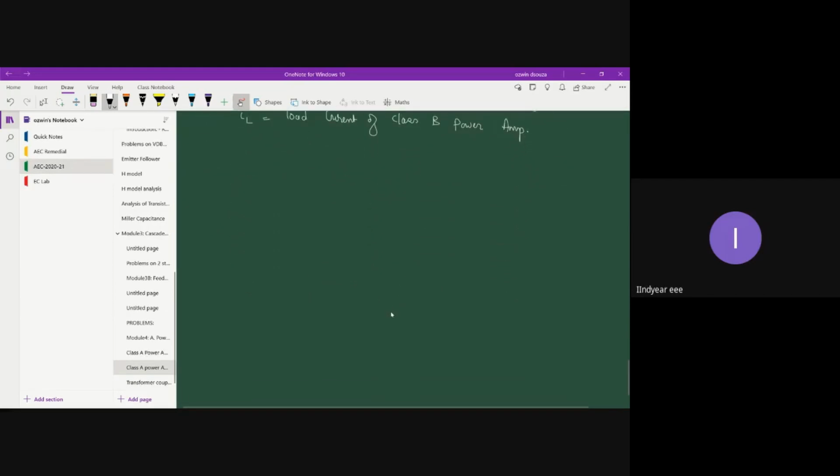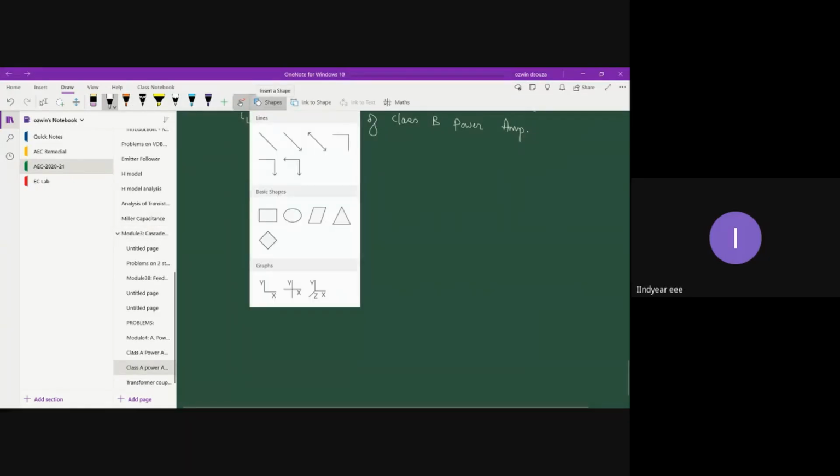Now let us try to plot the waveform. First let us plot the source current waveform. I need to draw certain guidelines.